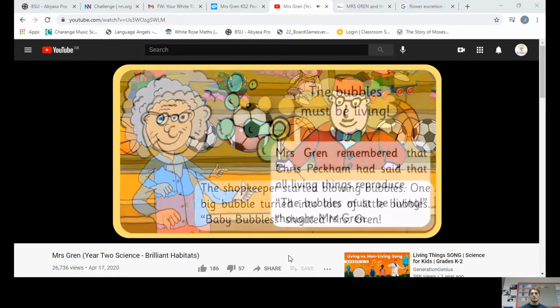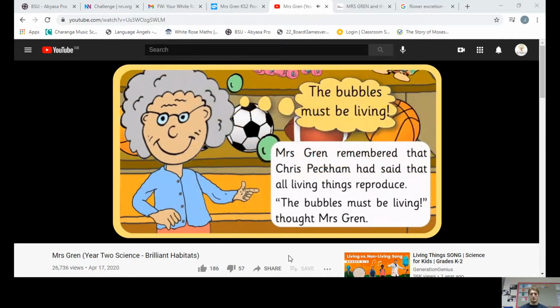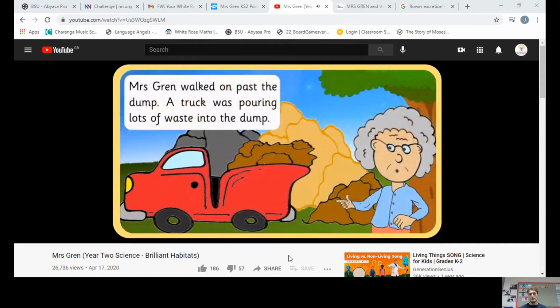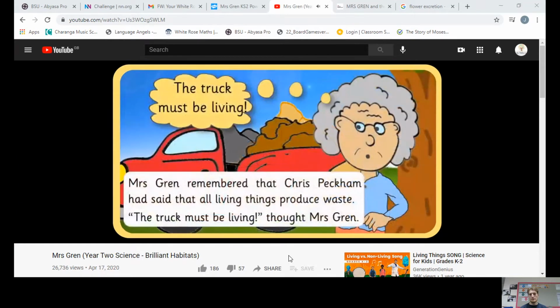Mrs. Gren remembered that Chris Peckham said that all living things reproduce. The bubbles must be living, thought Mrs. Gren. Mrs. Gren walked past the dump. A truck was pouring lots of waste in the dump. Mrs. Gren remembered that Chris Peckham had said that all living things produce waste. The truck must be living, thought Mrs. Gren.